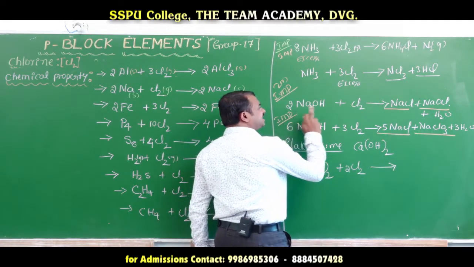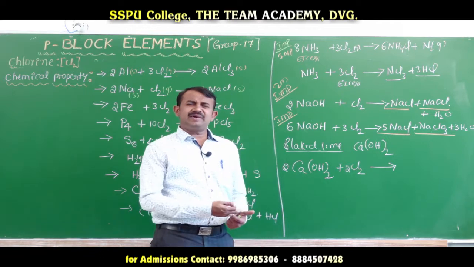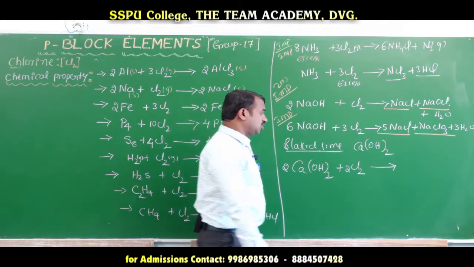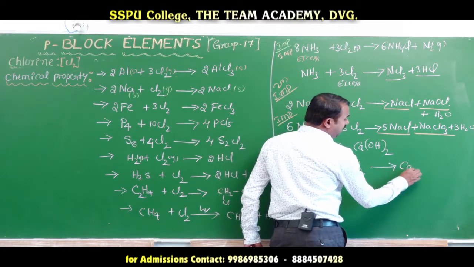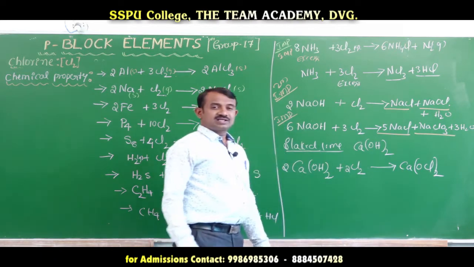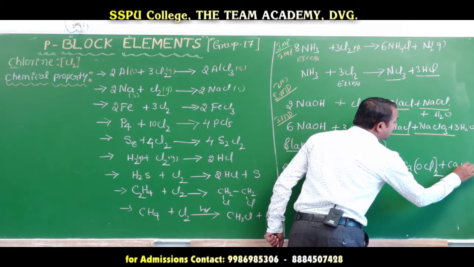Sodium hydroxide is converted to sodium chloride and sodium hypochlorite; calcium hydroxide is converted to calcium chloride and calcium hypochlorite.